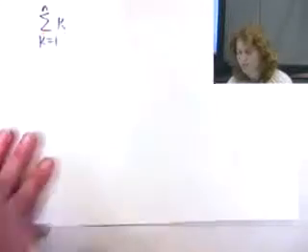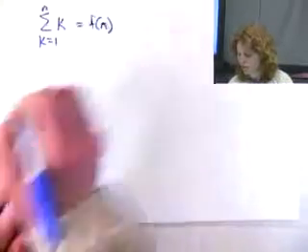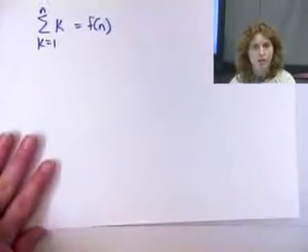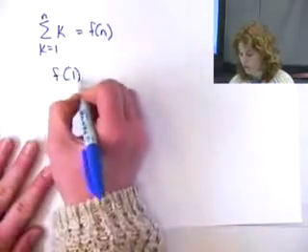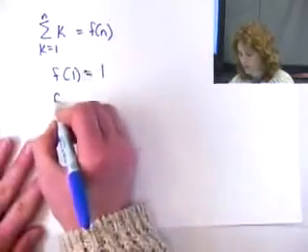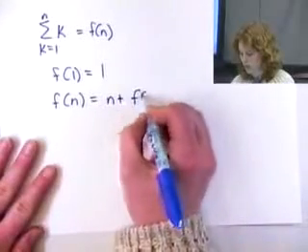So an example of a recursion is this. If this is my function, f of n, then I can write this recursively, right? Then I write f of 1 is equal to 1, and f of n is equal to n plus f of n minus 1.